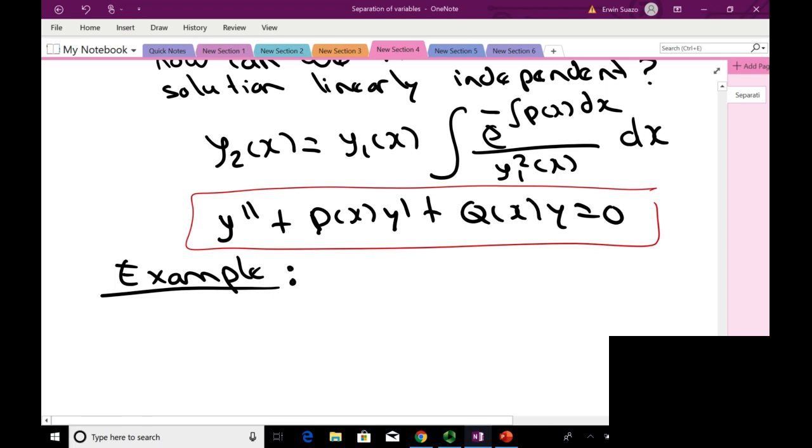So let's see. Let's assume we have one solution.